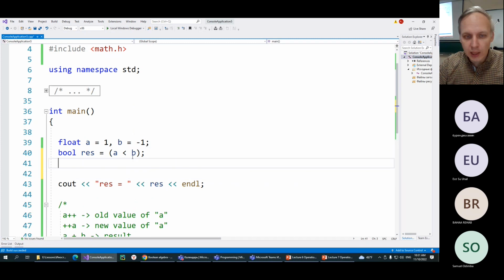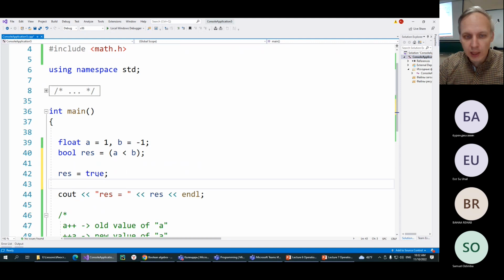But just as a remark, we can use the constants true and false. You can see that true and false are reserved words. I can use them only in their predefined sense.